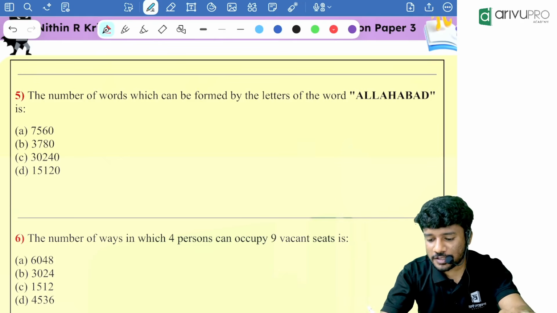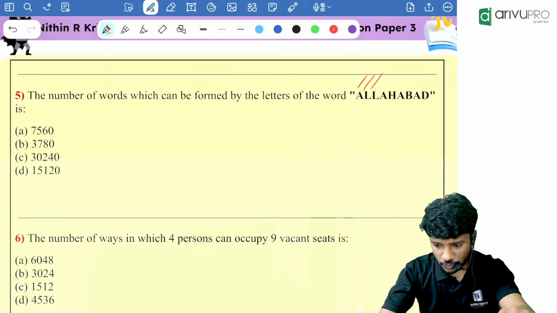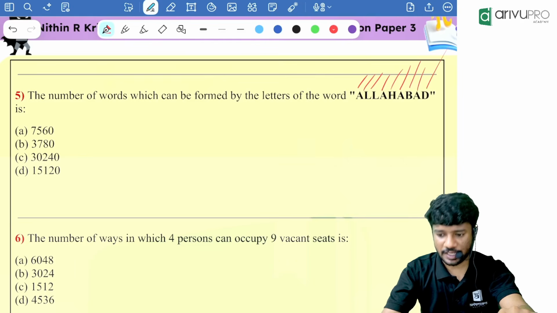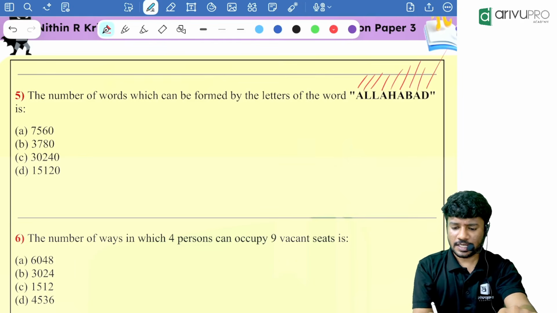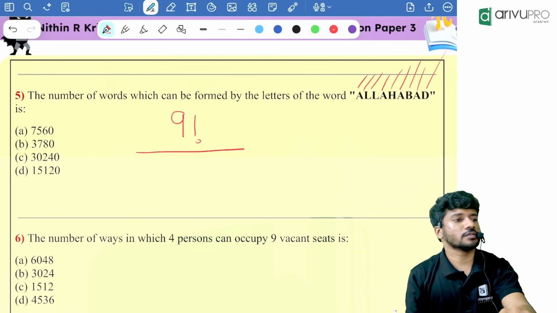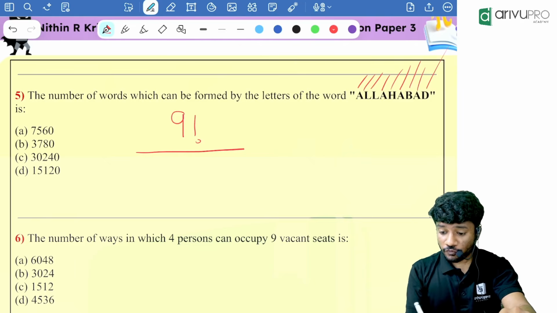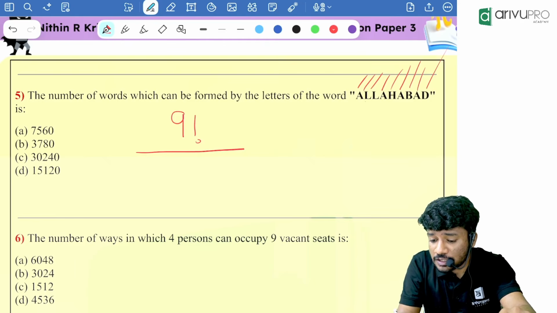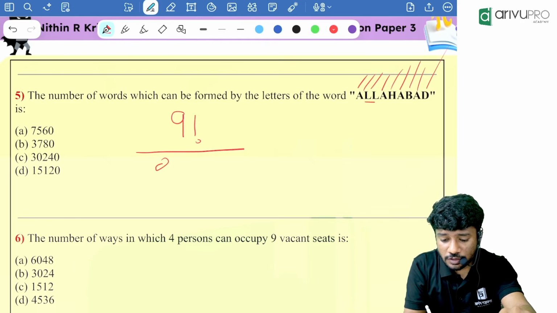Allahabad. How many letters are there? 1, 2, 3, 4, 5, 6, 7, 8, 9 letters in total. So how will you write it, people? 9 factorial divided by what? L is repeated 2 times, so 2 factorial.